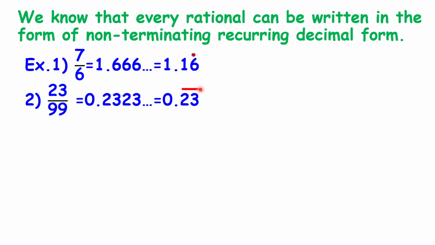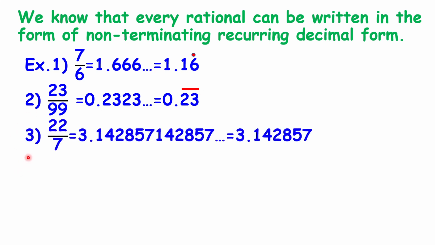Raised to bar. In the third example, 22 upon 7, the answer is 3.142857. Here the repeated numbers are 142857. This number is repeated every time.